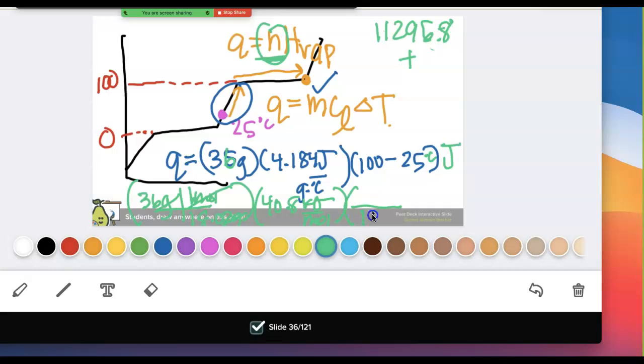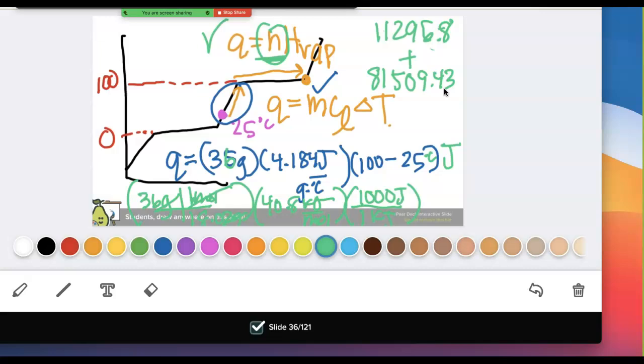So I'm going to change 1 kilojoule is 1,000 joules, so that I'm in the same unit. So 36 divided by 18.02 times 40.8 times 1,000, and you get this number for this equation: 81,509.43 something. You add the two numbers together.